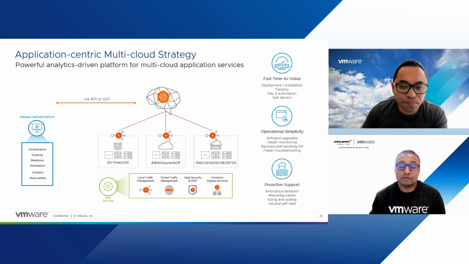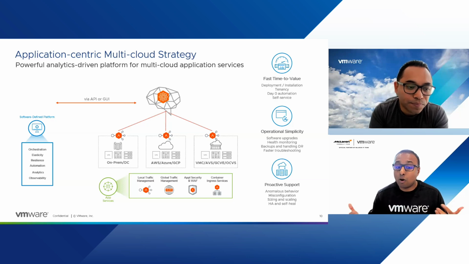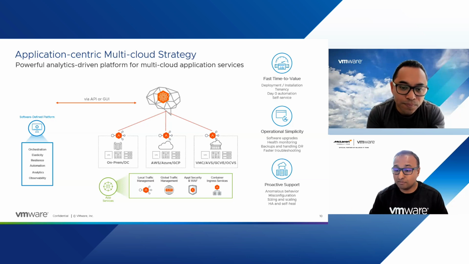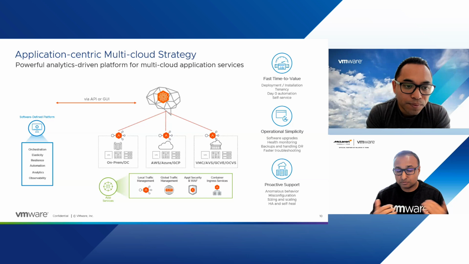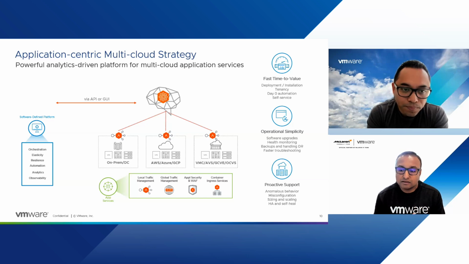So as a result, now the businesses and IT teams can actually realize deploying their applications much faster with operational simplicity, because now they don't have to learn and maintain a different distinct set of tools and stitch them together. All that feature set is available through a single platform. And then proactive support, which is provided by the controller itself, because it can detect misconfiguration, anomalous behavior, and can do sizing and scaling.